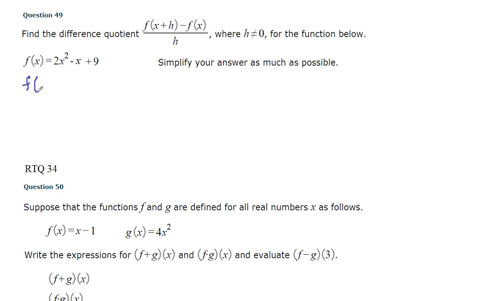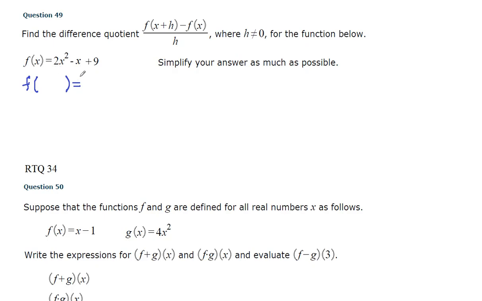So f, put in x plus h. Well, what I like to do is I like to write empty parentheses where I'm going to put the x here. So our f of x is 2x squared minus x plus 9, or where I'm going to put the x plus h.